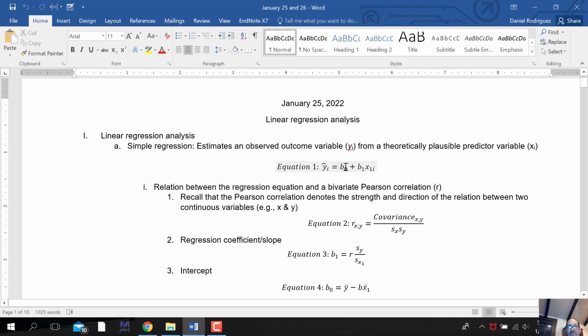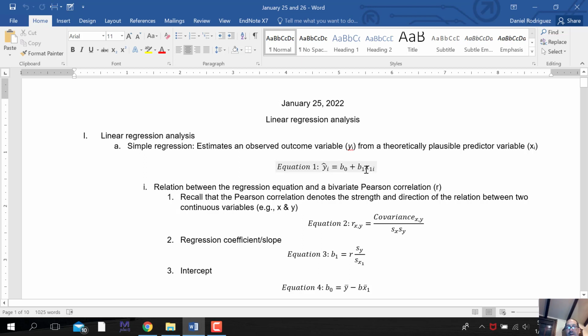You'll notice that we have these two b values. The first, b sub 0, is our intercept value. This is where the line crosses the y-axis. You'll also notice that the two b's do not have i's by them. So what this means is that they're not individualized. They are assumed to be the same for everybody, which is problematic in statistics, but we'll talk about that later.